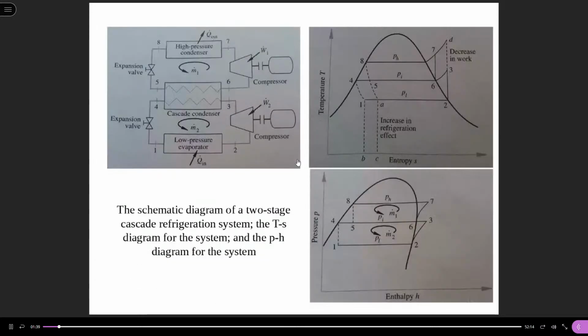Then, in engineering practice, we still have the compressors connected in parallel.